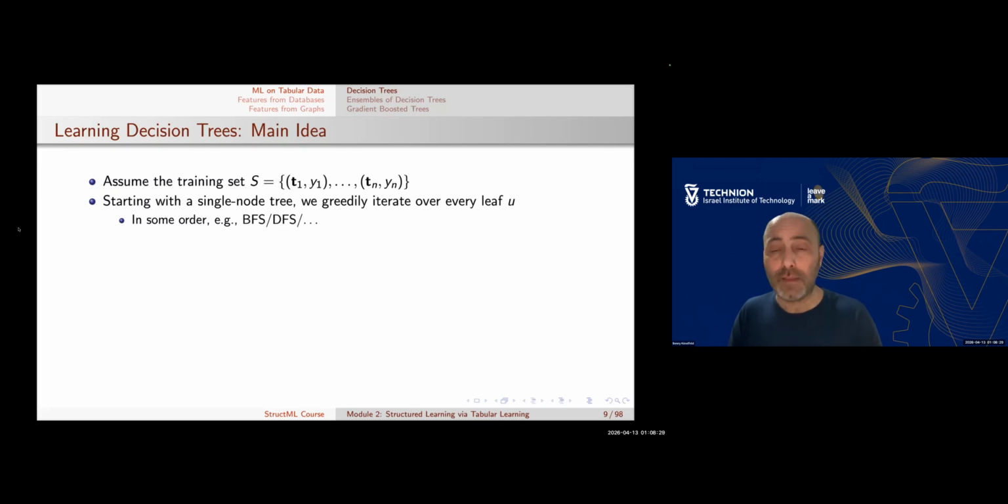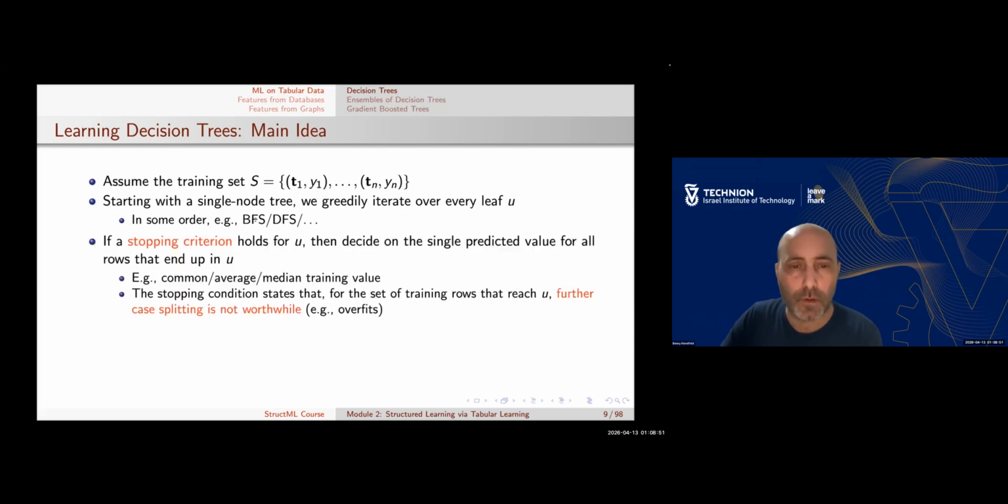For every leaf, we choose whether or not to expand it, to split it. We can traverse the leaves in any order. There are different approaches to how we traverse these leaves: breadth first search, depth first search, best first search, and so on.